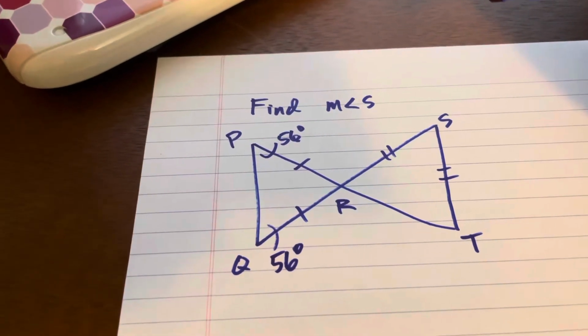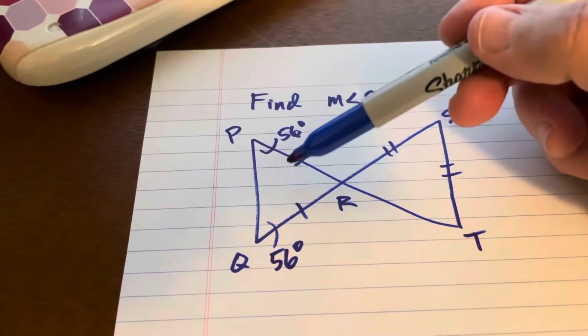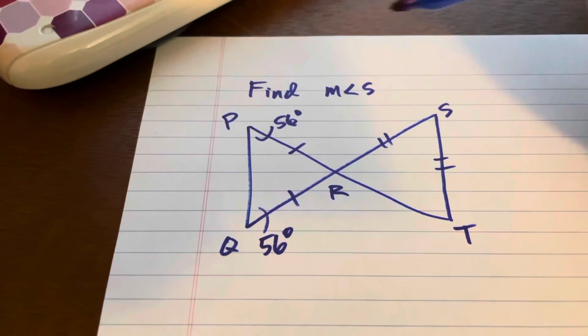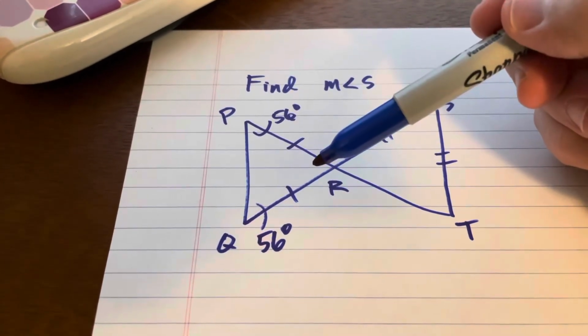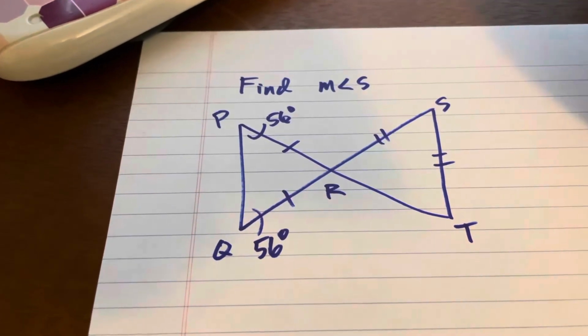And we're supposed to know that every triangle, and this is a triangle by the way, every triangle's angles sum to be 180 degrees. So whatever this angle is, added together with this angle and that angle, has to be 180 degrees.